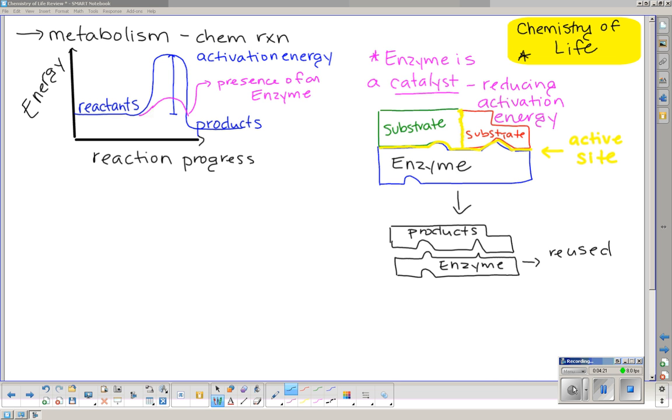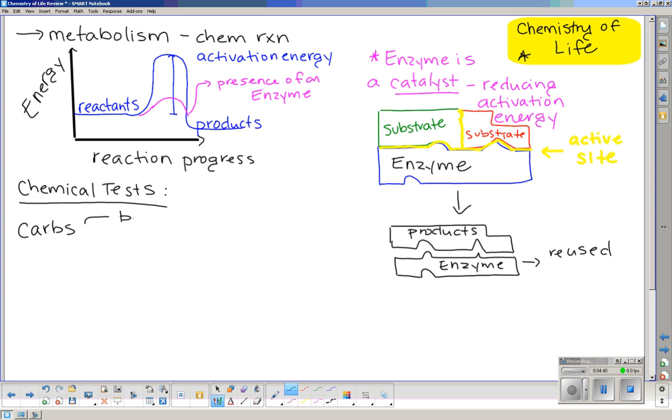For the different kinds of macromolecules that we discussed in the Chemistry of Life unit, there are some chemical tests that we performed in order to identify the presence or absence of these macromolecules. To test for carbohydrates, we did two kinds of tests. The first one was the Benedict's reagent test.